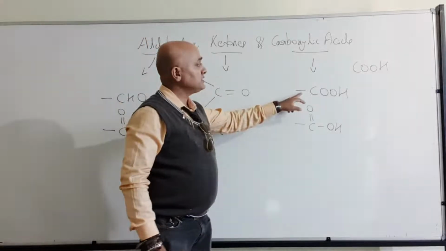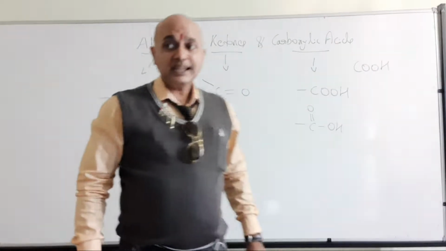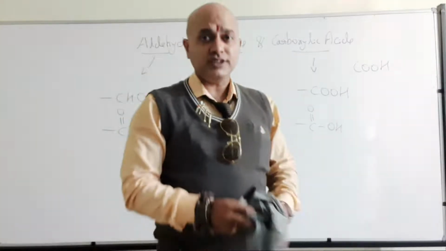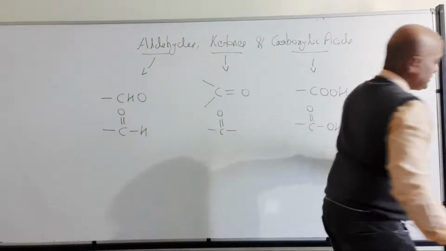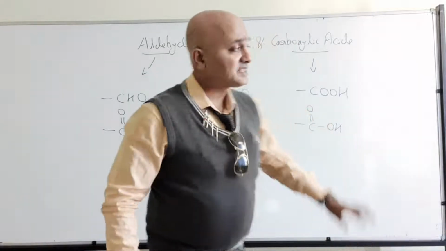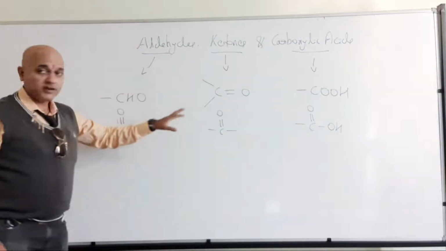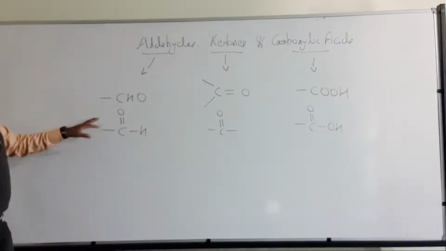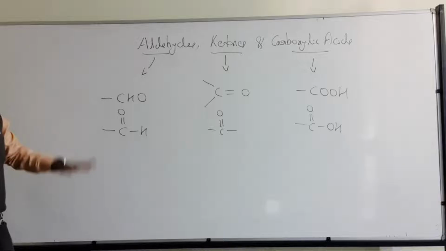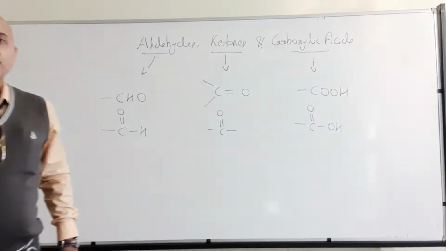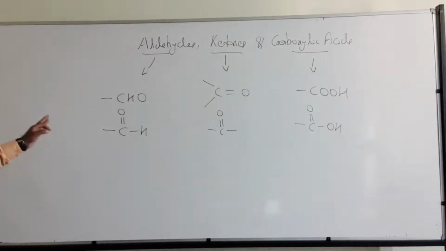We have to show this line to indicate that carbon is saturated with all four valencies. So that's where we have carboxylic acids, ketones and aldehydes. Can any one of you tell me what is common in all these three?